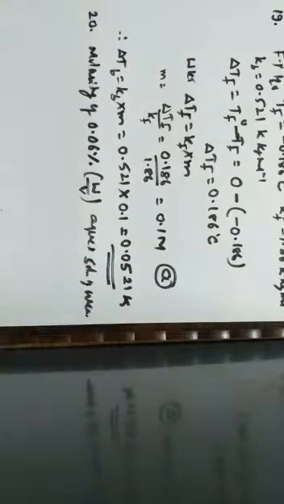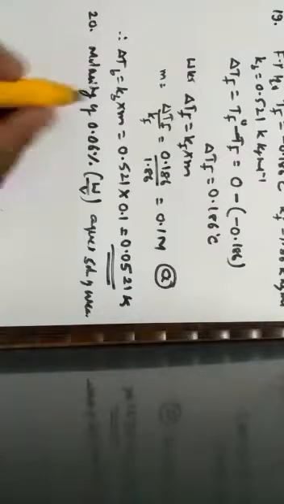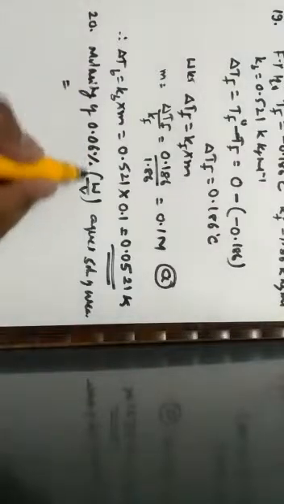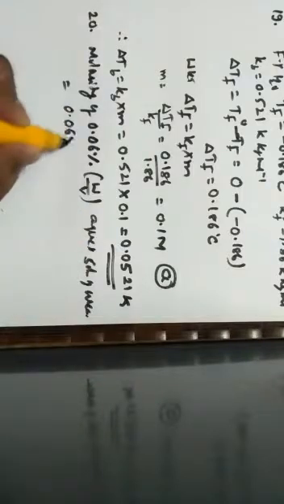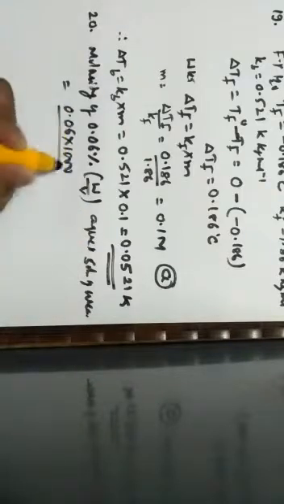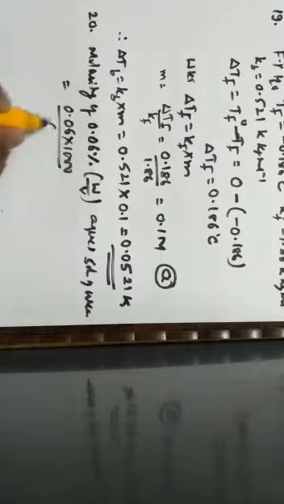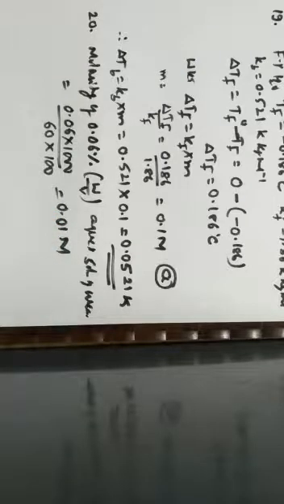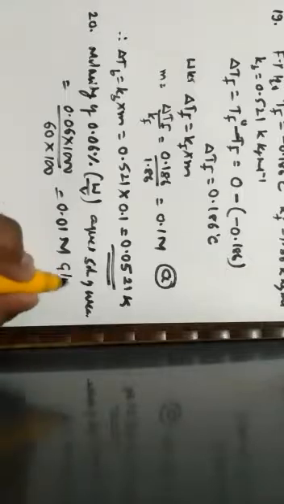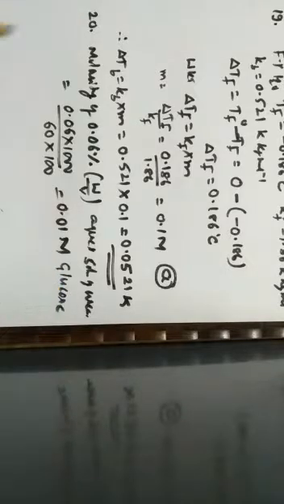So here the 0.06% aqueous solution of urea is nothing but 0.06 into 1000 divided by the molecular mass of urea, which is 60, percentage means divided by 100. Therefore, it comes to 0.01 molar. So, this is always isotonic with 0.01 molar glucose solution.